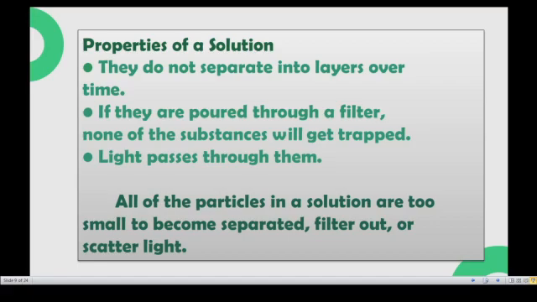If they are poured through a filter, none of the substance will get trapped. And light passes through them. All of the particles in a solution are too small to become separated, filter out or scatter light.